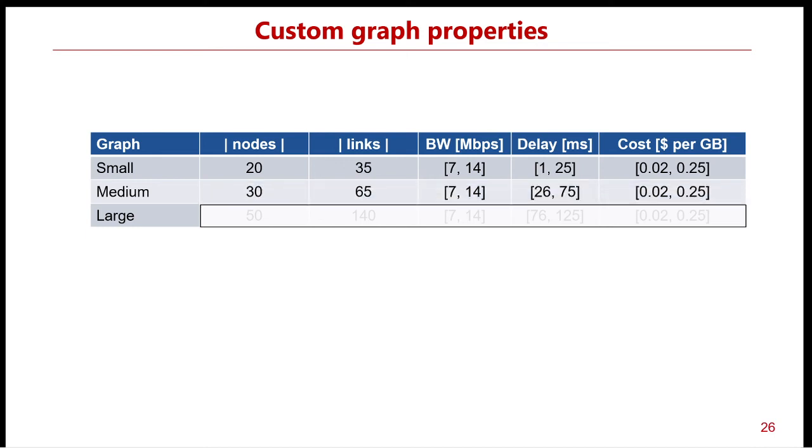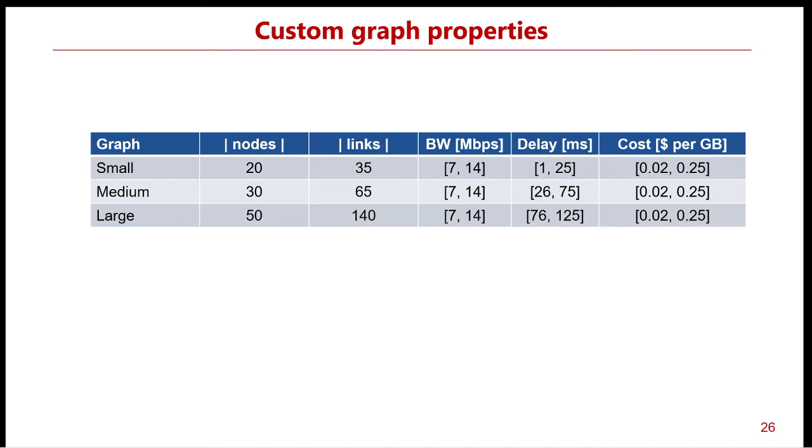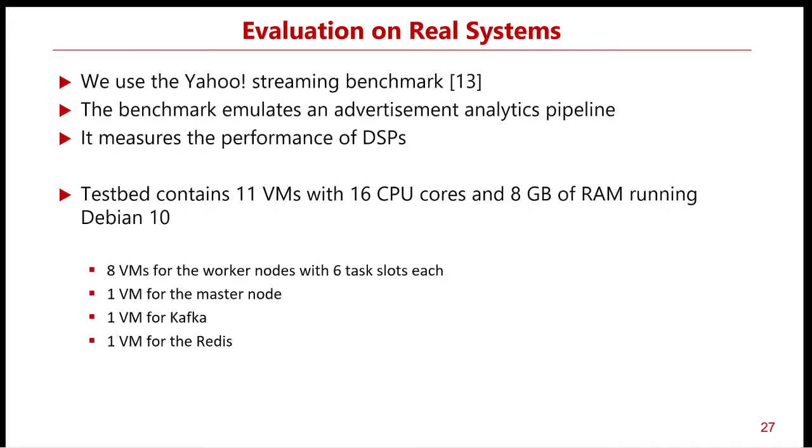In the case of medium, we have 30 nodes with 65 links, and the only difference compared to the small is that the delay varies in the range of 26 to 75 milliseconds. And in the case of large network, we have 50 nodes with 140 links, and the delay varies in the range of 76 to 125 milliseconds. Here, we use the same values for bandwidth and cost.